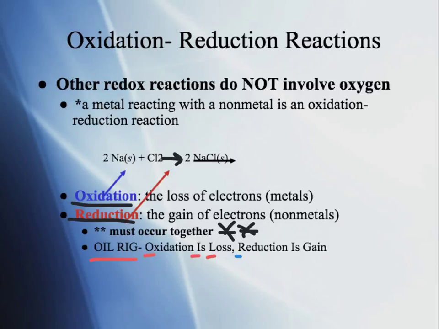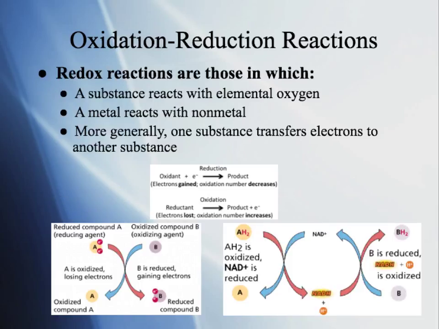And reduction is gain: RIG. Oil rig. Wow, that's amazing. So oxidation is loss and reduction is gain. Like I said, we're going to go into much more depth later in this semester, but this is just a heads up as to what an oxidation reduction reaction is.